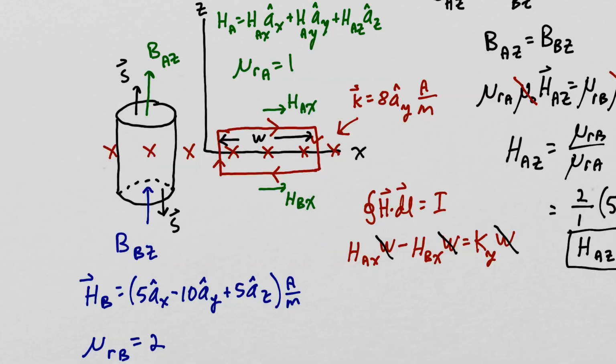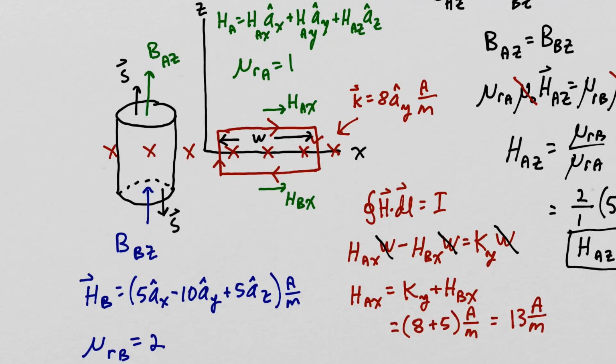So H sub Ax is going to equal K sub y plus H sub bx. So now let's substitute in our values for K sub y and for H sub bx. So H sub Ax will be 13 amps per meter.